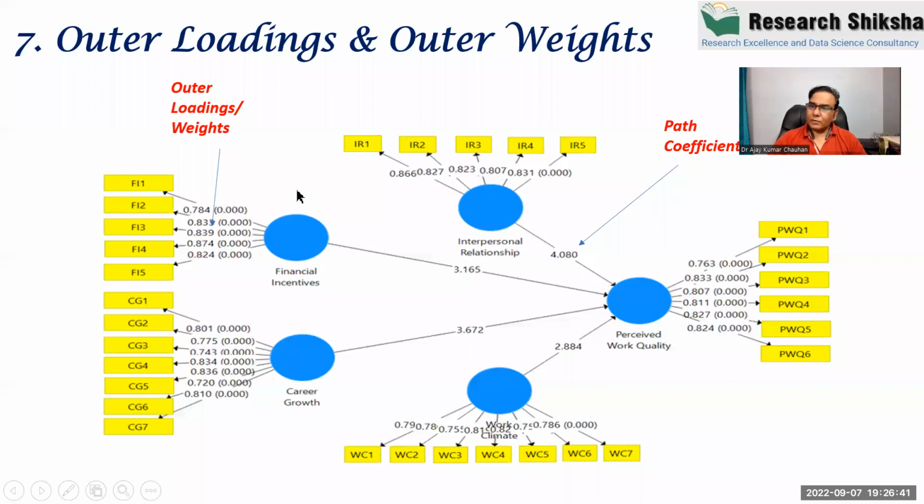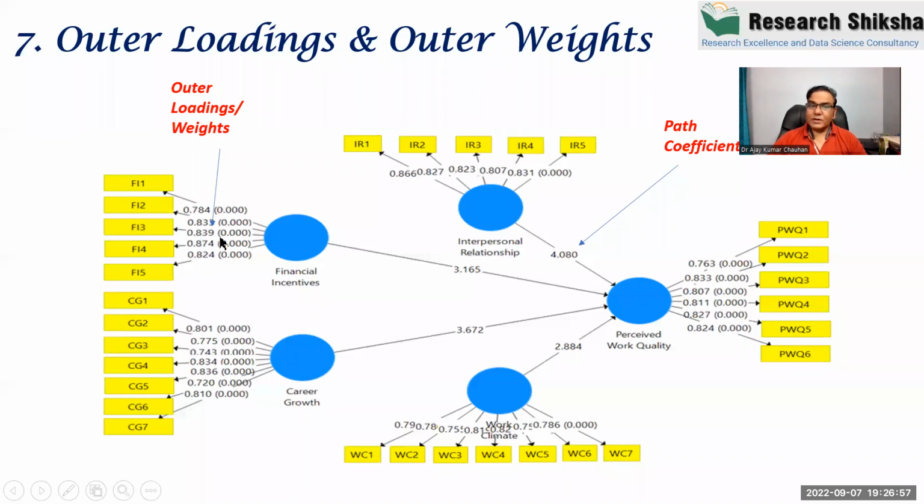So reflective loadings and formative weights, and these numbers are representing the correlation between the items and the construct, and they also come between 0 and 1.